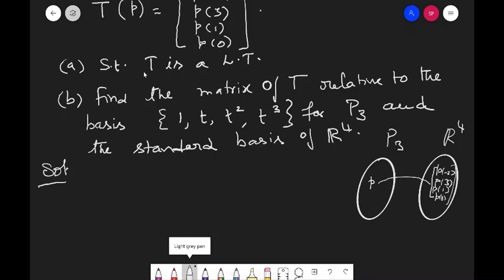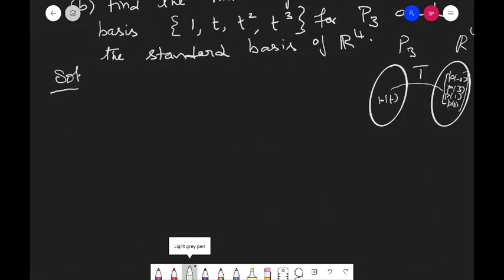Here P means P of t. This is what is given to us, where T is a linear transformation. So first, let us show that T is a linear transformation.